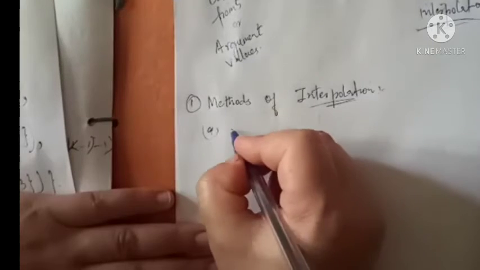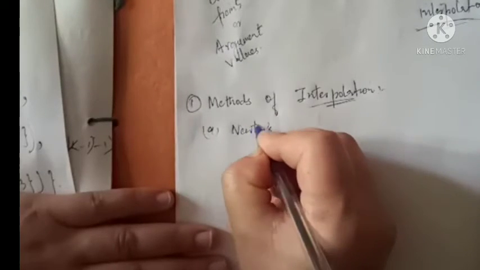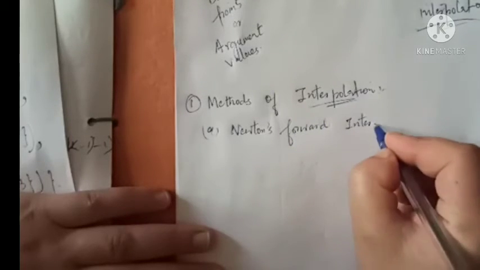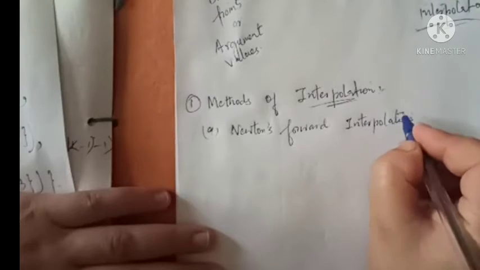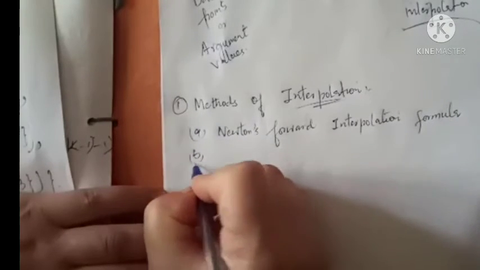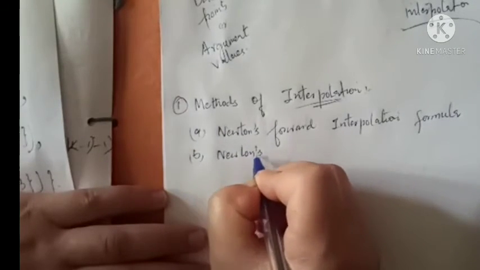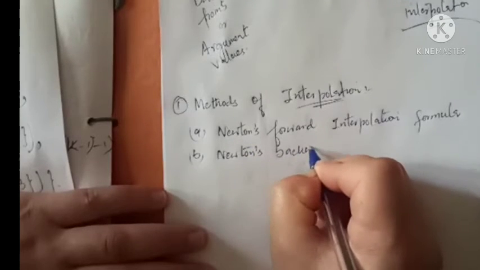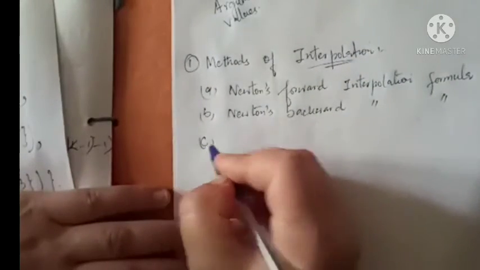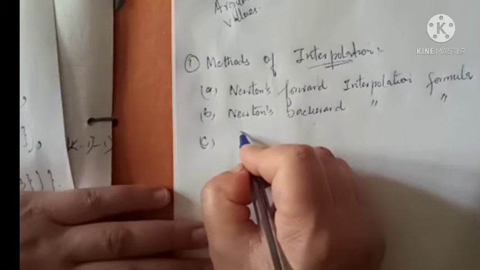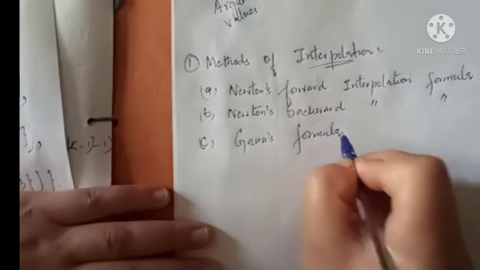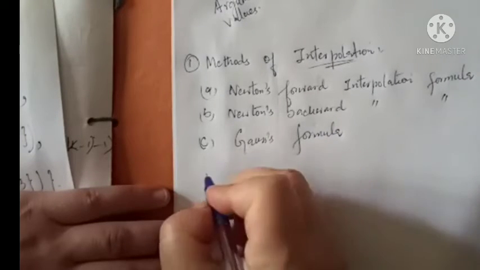One method is called Newton's forward interpolation formula. One more is Newton's backward interpolation formula. Then we have Gauss's interpolation formula.